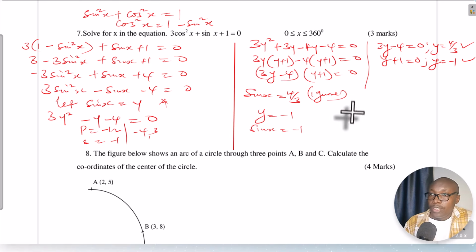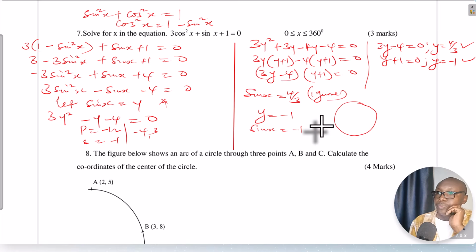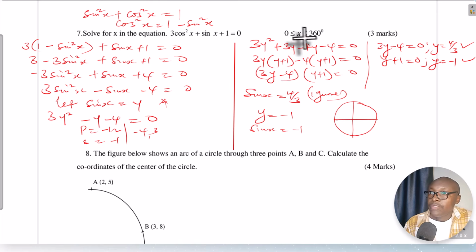So where do we find this? Where is sine negative? In the range given, 0 to 360 degrees, the angle is supposed to be there. Sine is negative in the third and the fourth quadrant. In the fourth quadrant, we may not have any angle there.